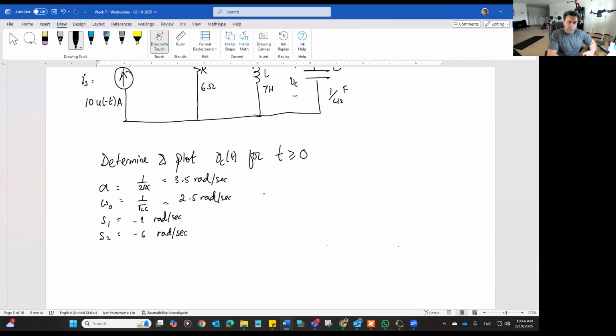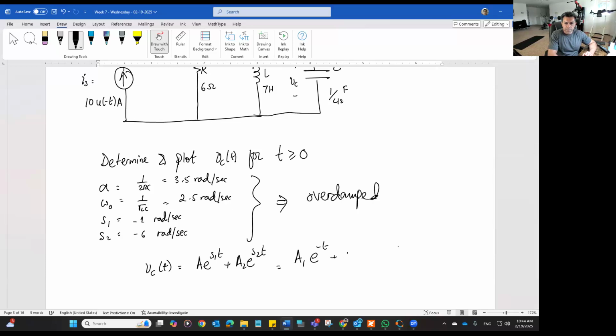So our overdamped response: the capacitor voltage expression is going to be A1 e to the power S1t plus A2 e to the power S2t, which is A1 e to the power -1t plus A2 e to the power -6t volts, for t greater than or equal to 0.